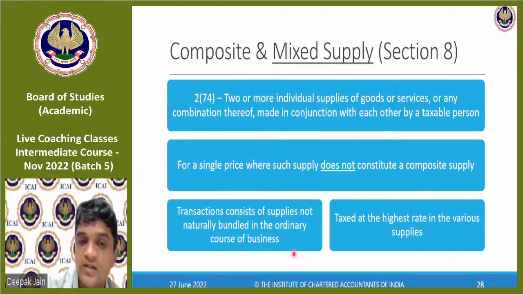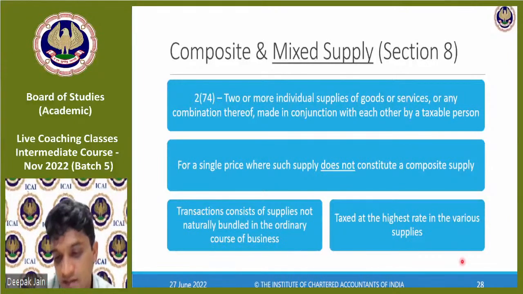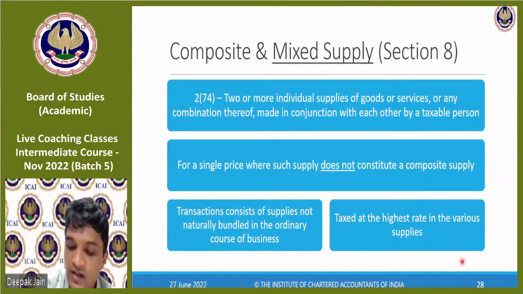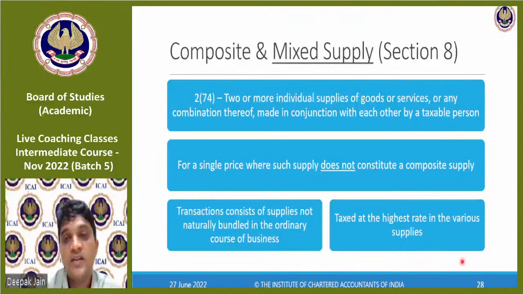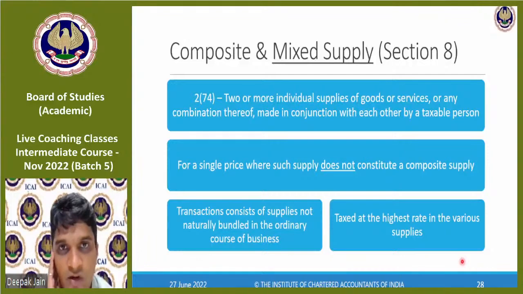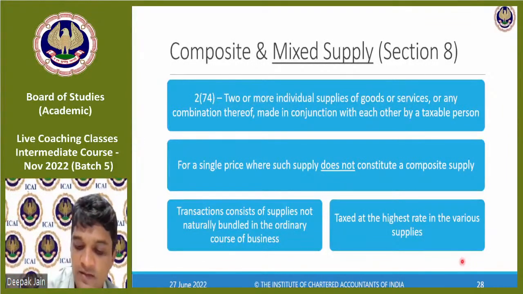So the highest rate in this hamper will apply. If there are three products, one at 5, one at 12, one at 18, then 18% will be the rate applicable on all three products. Okay, that's how the mixed supply is distinguished. So mixed supply is dangerous, the rate is higher. In composite supply, the rate of principal supply will apply.